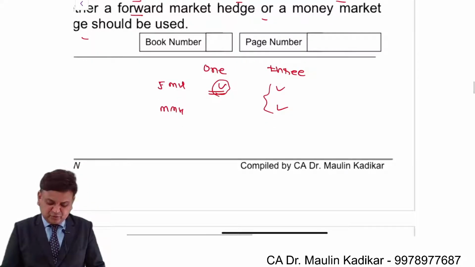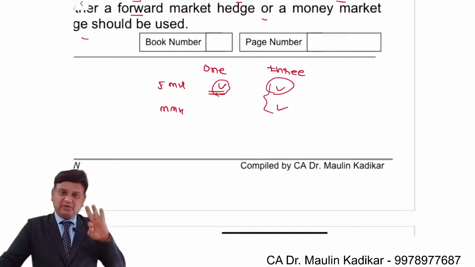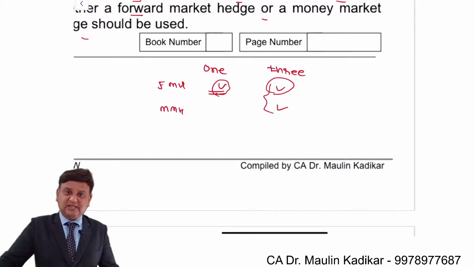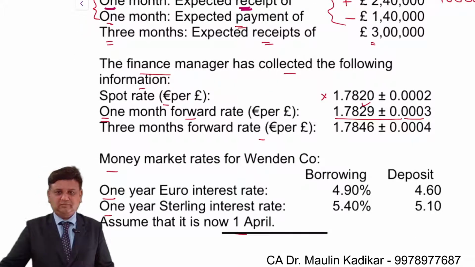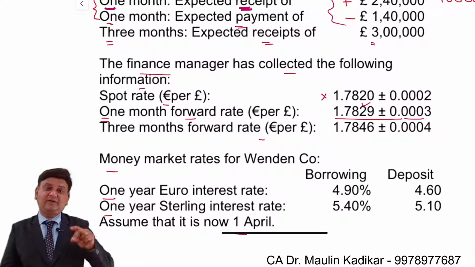I want everybody to give the answer for this. We'll write the answer gradually. However, let us have a discussion. If a 3 months forward contract is entered into, what amount will you receive in euro currency? Again you are going to convert pound into euro.